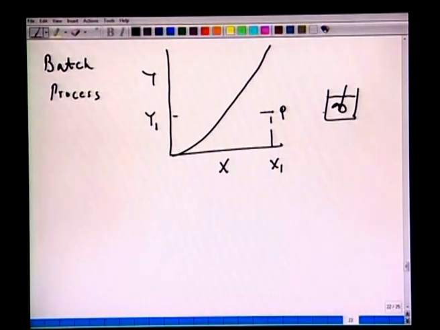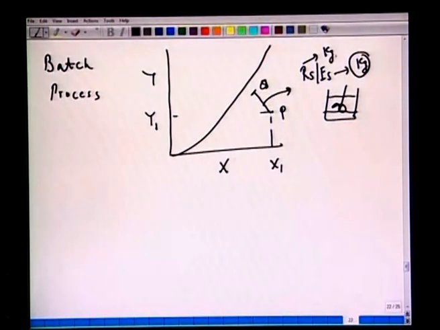The two phases are brought in contact, given enough residence time, and we allow them to settle. The curve will still be the same as P going to Q, and the slope would now be Rs over Es. Notice the difference: this Es is not kg per second, it is just kg, and this is also kg. All it means is that the movement from P to Q is now on time instead of on length.